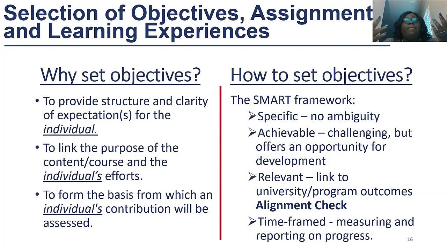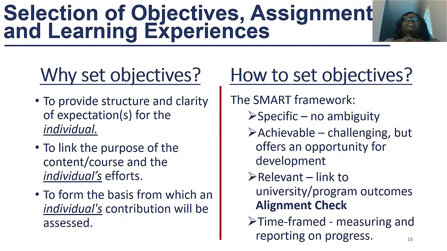So how do we go about setting objectives? Once we have those course level outcomes, then we want to break those down into more manageable chunks by using the SMART framework. The SMART framework allows objectives to be more specific. We want to say exactly what we want students to be able to do.